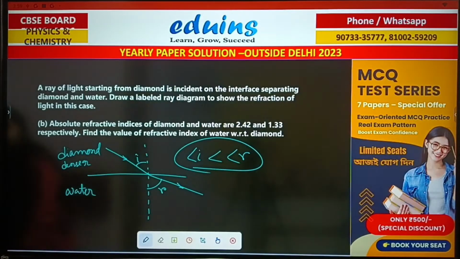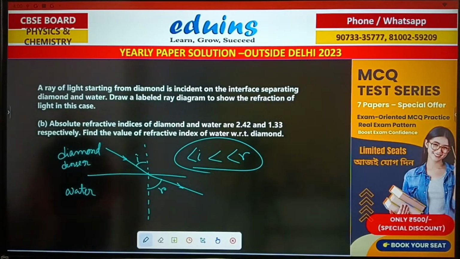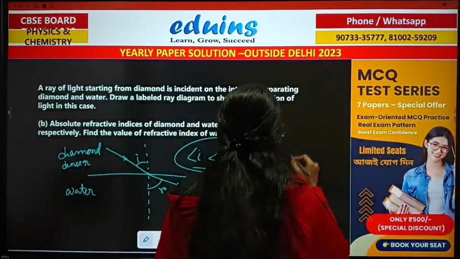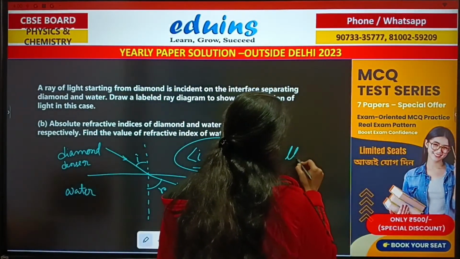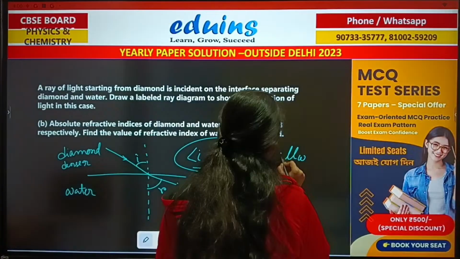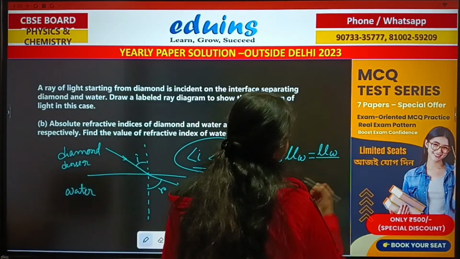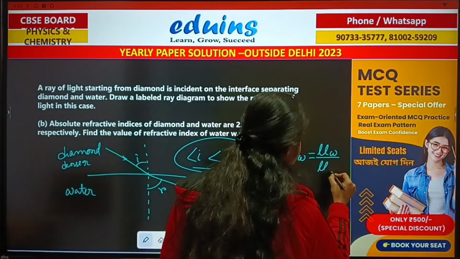Now the second question is, absolute refractive indices of diamond and water are 2.42 and 1.33 respectively. Find the value of refractive index of water with respect to diamond. So the refractive index of water with respect to diamond.